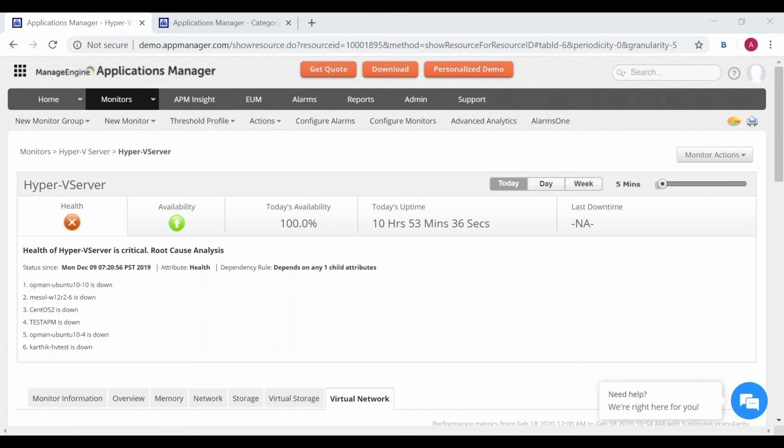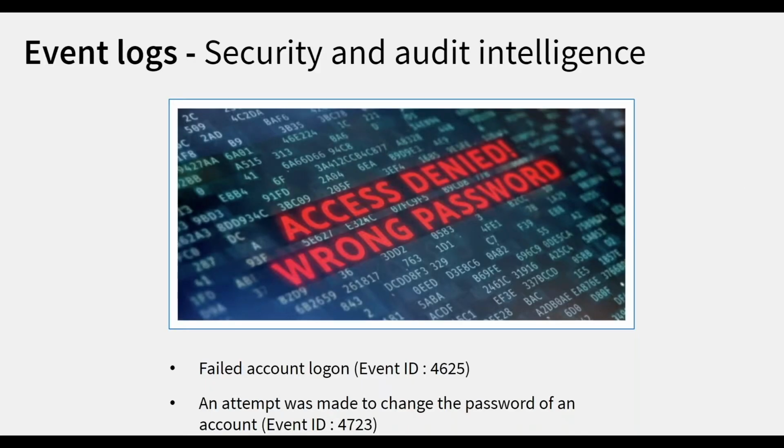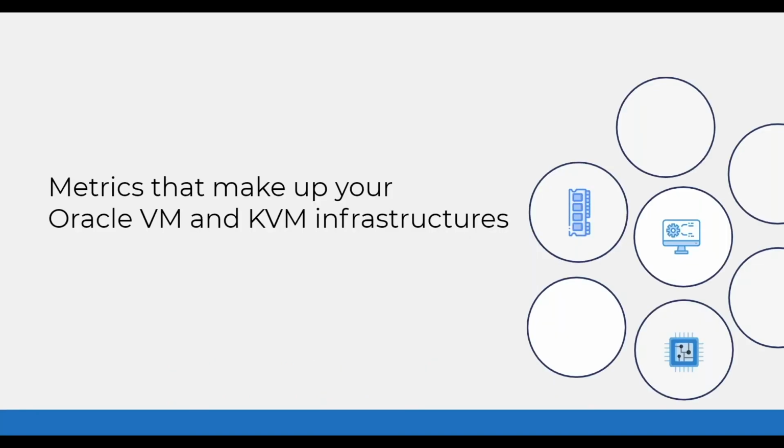So I'm going to go back to the presentation now and continue where we left off. That is the start of the second part in today's agenda. That is the metrics that make up your Oracle VM and KVM infrastructures.